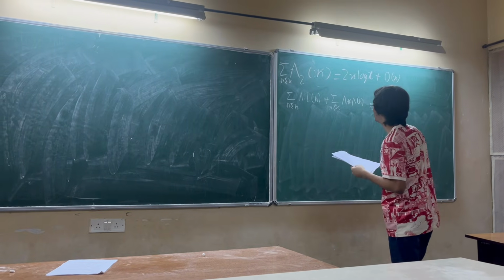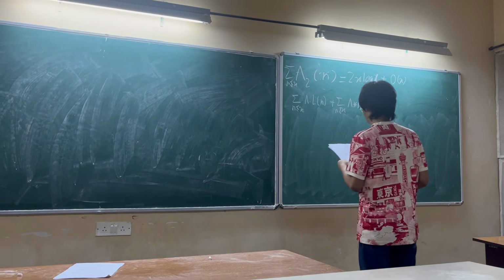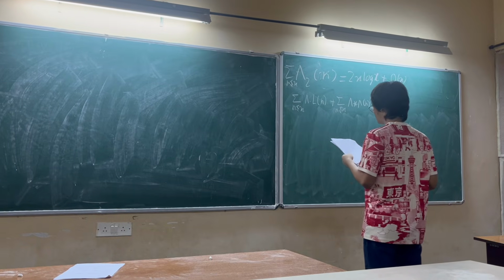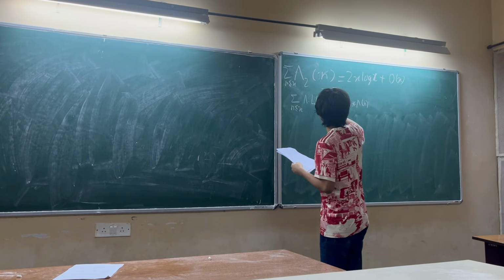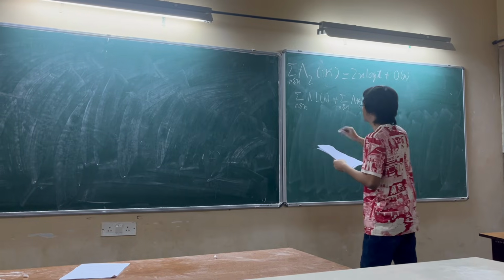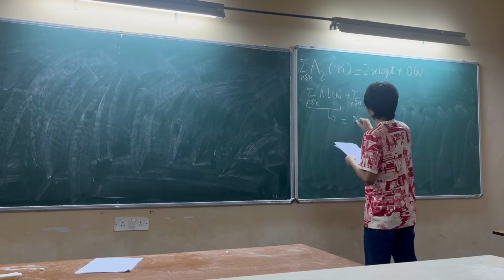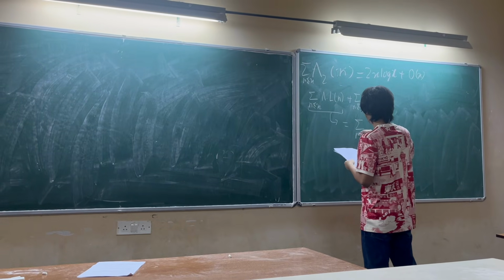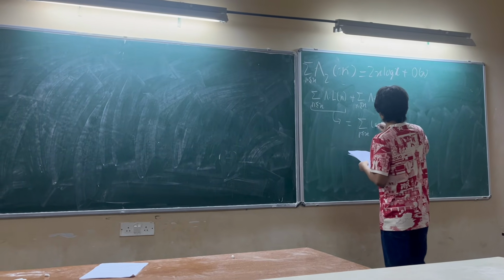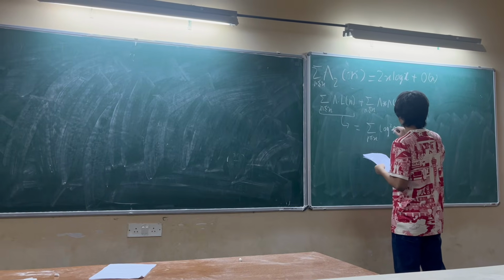Alright. And now we evaluate each one of these terms individually. So you can see that this term, so capital L was simply log n. So this term right here is equal to summation p less than equal to x log squared p. P is a prime.